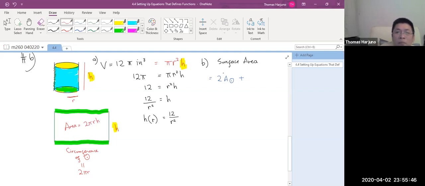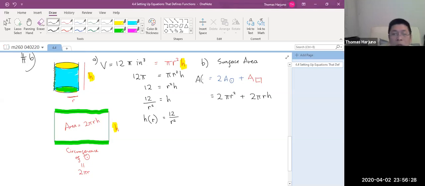Is it right? Now let me bring it here. 2 times area of the circle plus area of the rectangle. That's the total surface area. Then I come back. This is 2 times the area of the circle, pi r squared, plus area of the rectangle, 2 pi r h. That's the surface area. Now they want the surface area as a function of the radius.